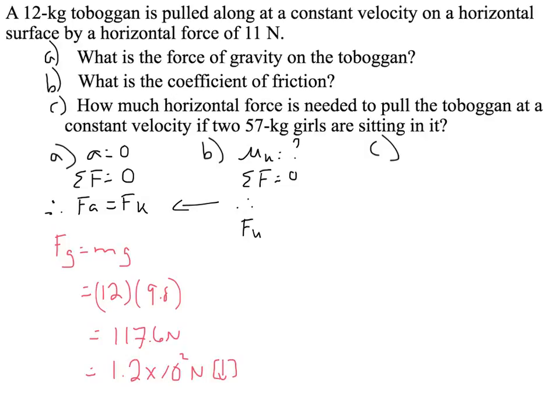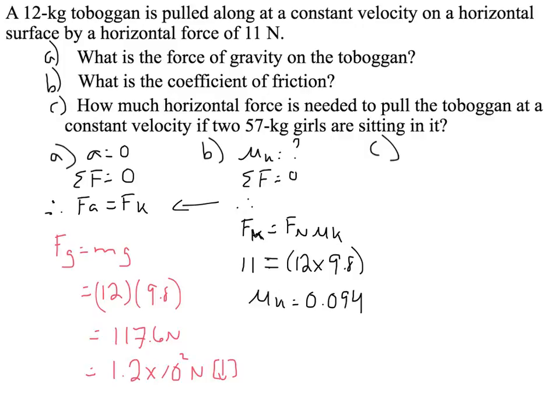So FK, or kinetic friction, is going to equal Fn times mu K. 11 newtons equals 12 times 9.8 times mu k. We solve for mu k, and we get 0.094.